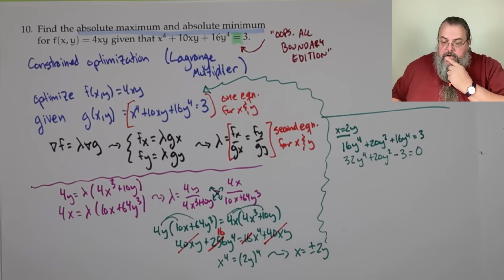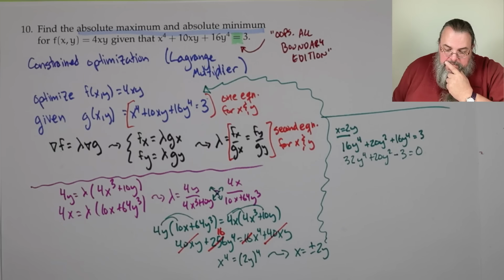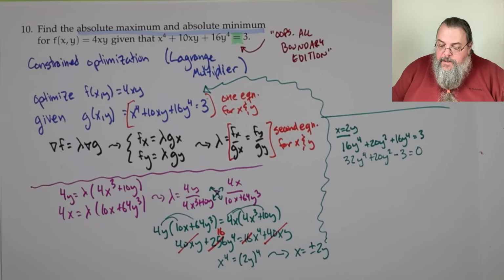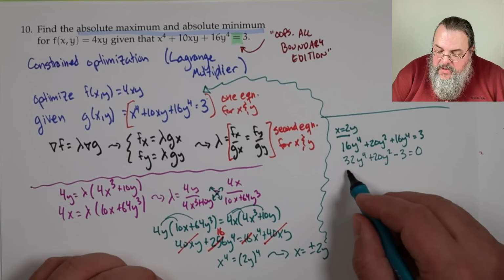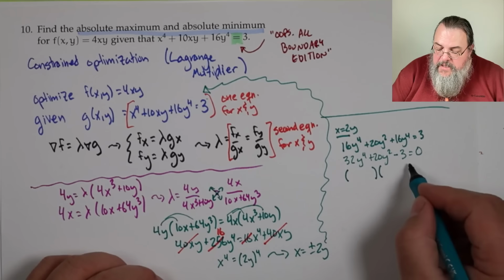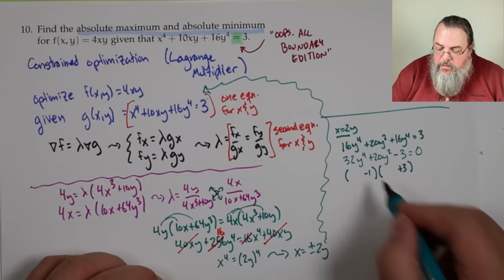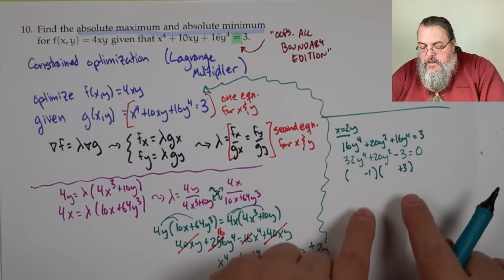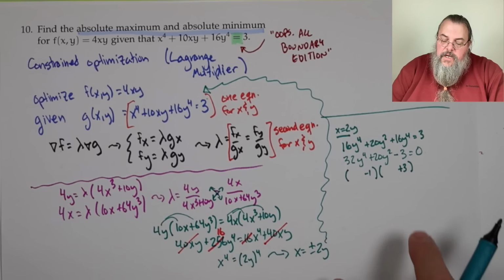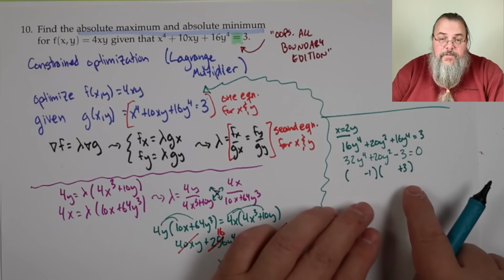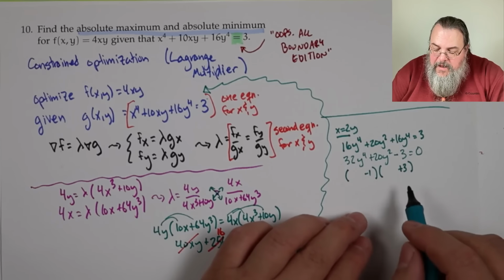All right, well, what can we do here? Can it factor? That seems hopeful, perhaps. The minus 3 tells us we're going to have a plus 3 and a minus 1, or it could be a minus 3 and a plus 1, but let's try this one first and see if that works.